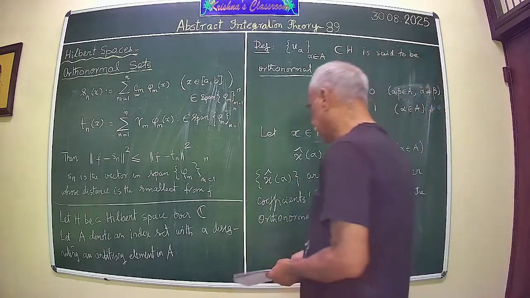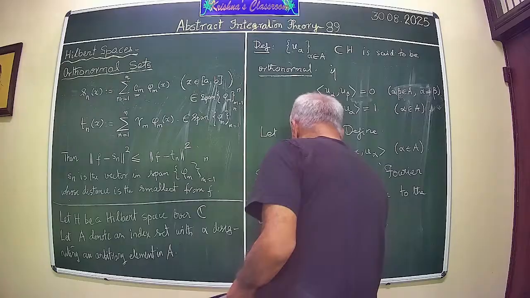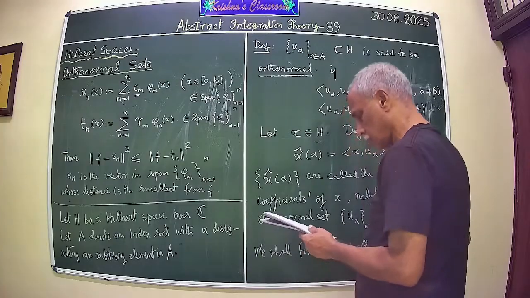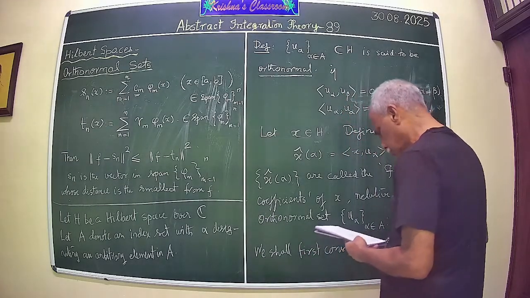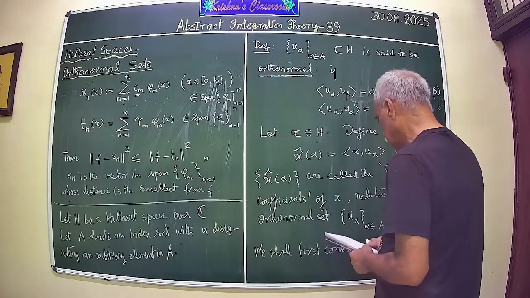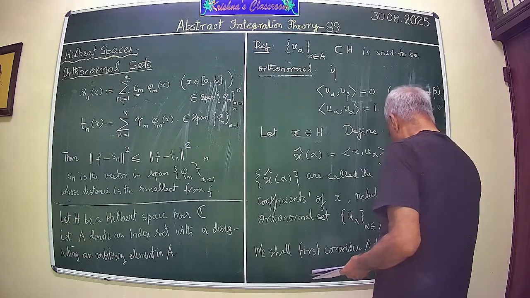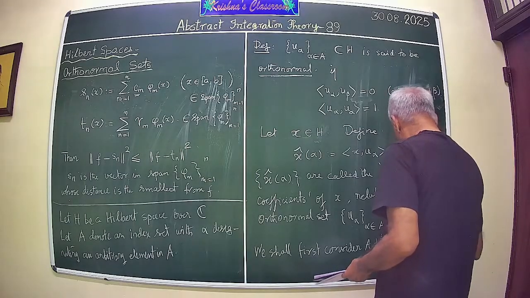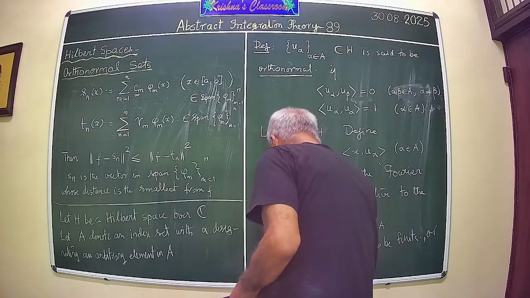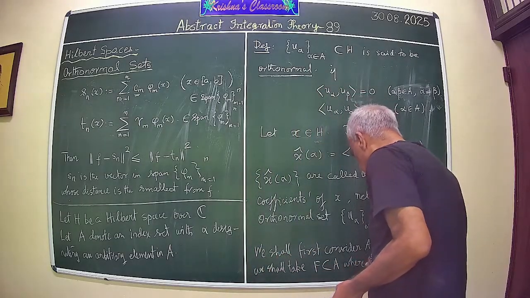Now what we do is we begin with the assumption. First consider A to be finite, or we shall take A where A is finite.